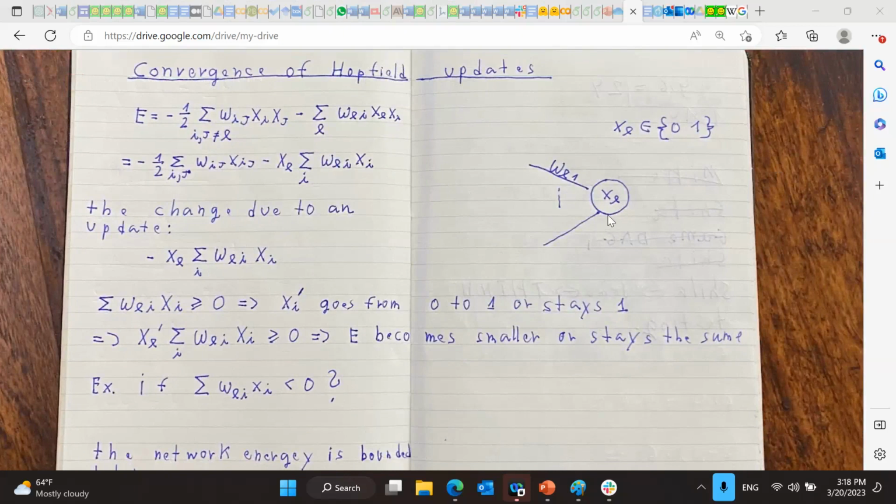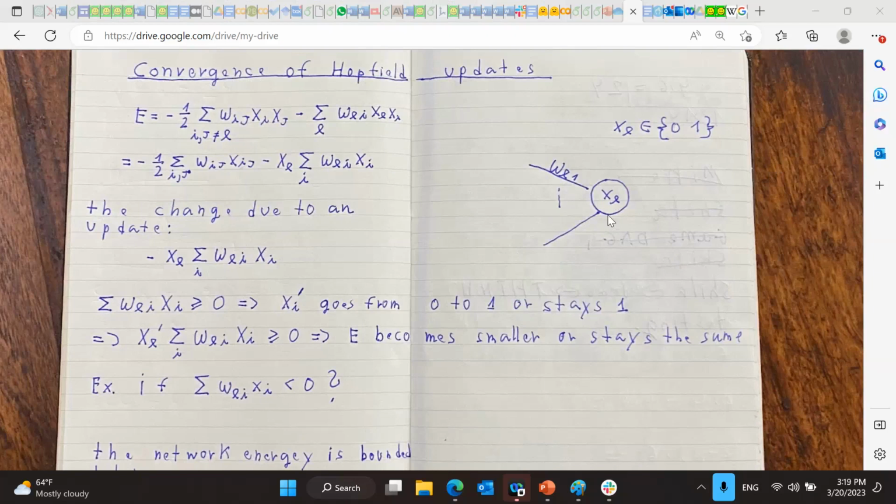Do you see why? Why is the number of states in the network finite? So the weights are set, they are fixed, they are constant.